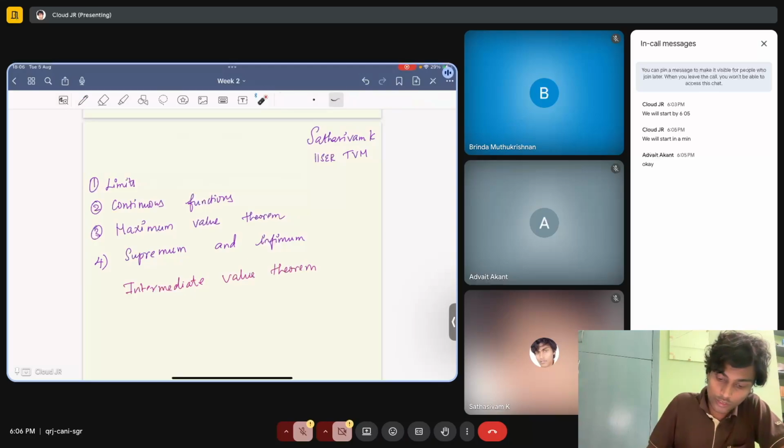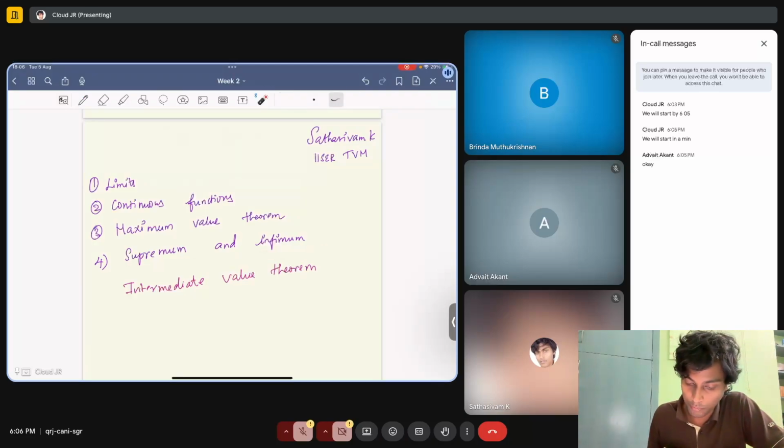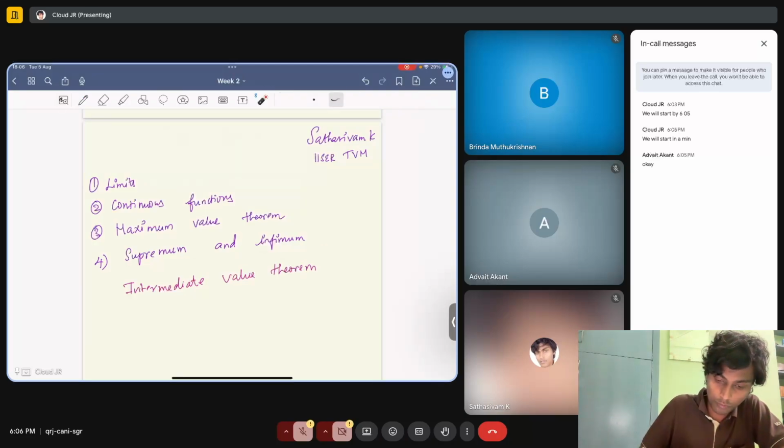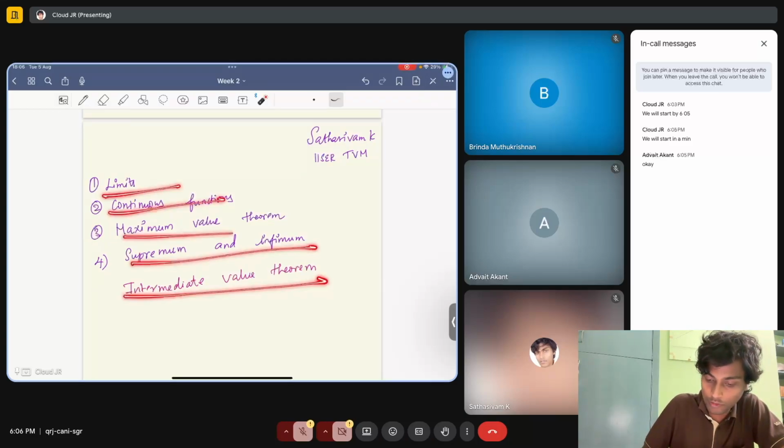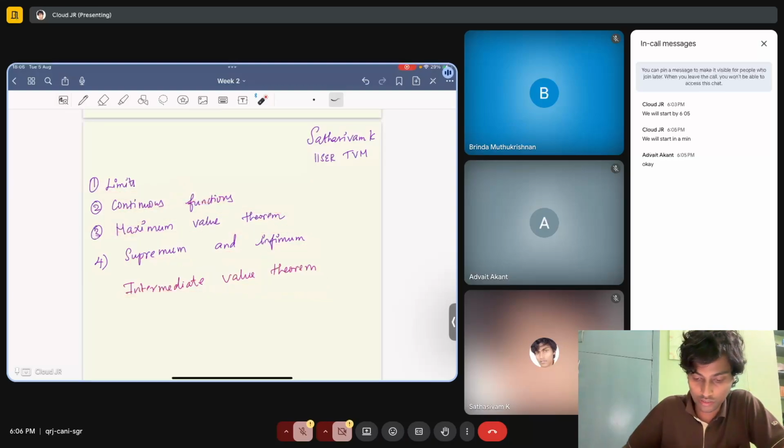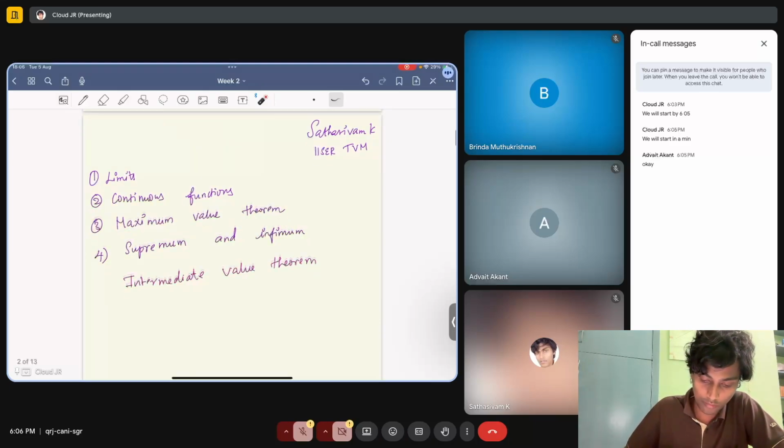And finally, a few problems in supremum and infimum. Mostly we will focus on limit, continuity, intermediate value theorem, and supremum. This we will do a little bit, maybe not much, and I will explain why.